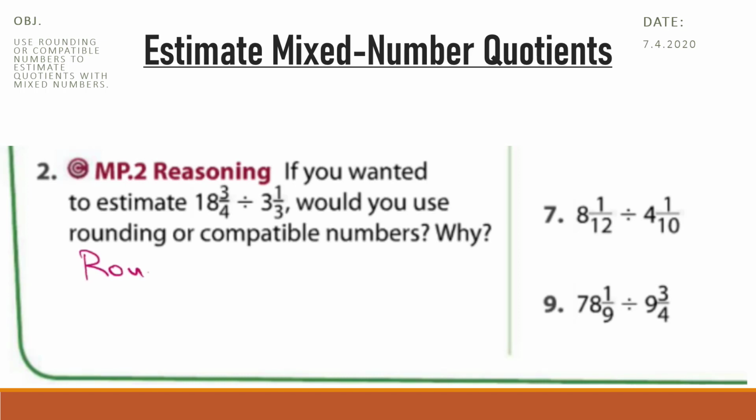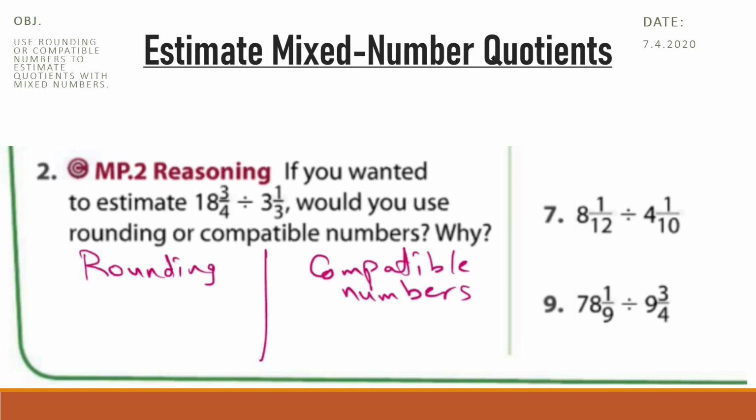Let's see rounding and compatible numbers to see which one is better for this question. Okay, in rounding, you know that 3/4 is more than half, so the dividend will be 19. And the divisor, we have a third, less than half, so it will be 3.